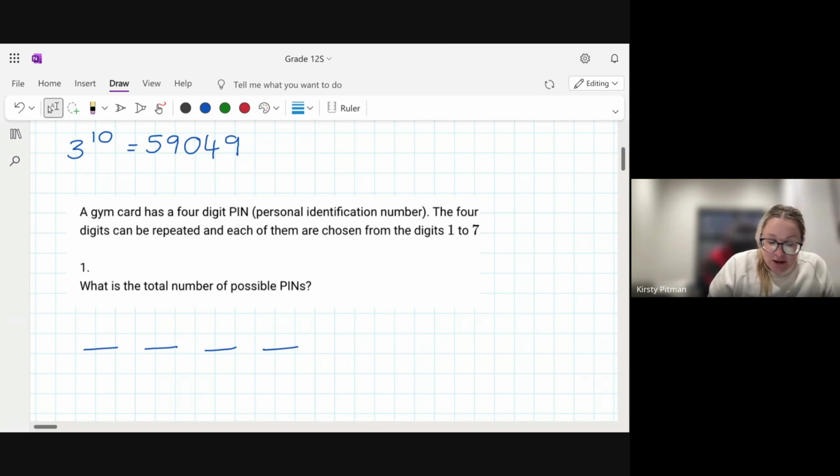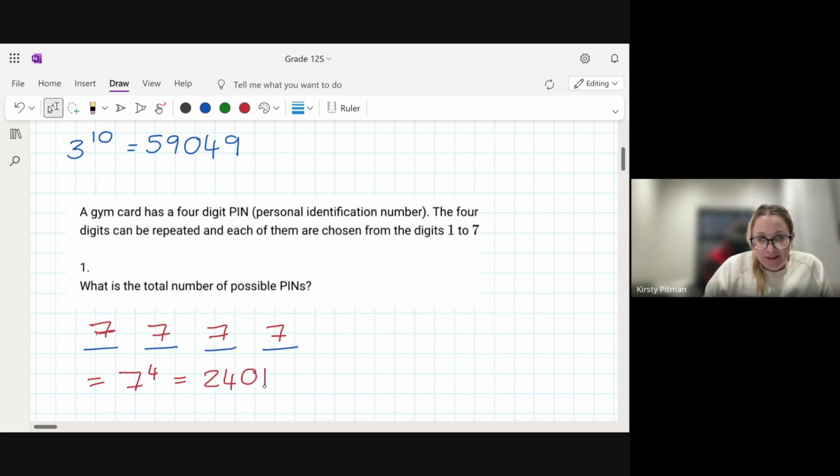So how many digits do I have to choose from? 1, 2, 3, 4, 5, 6, 7. 7, hey? My first one, I'm allowed to repeat. So 7. My second one, I'm allowed to repeat. So 7, 7, and 7. So 7 to the power of 4. What does it give me? 2401. Do you all agree? Nice. Well done.